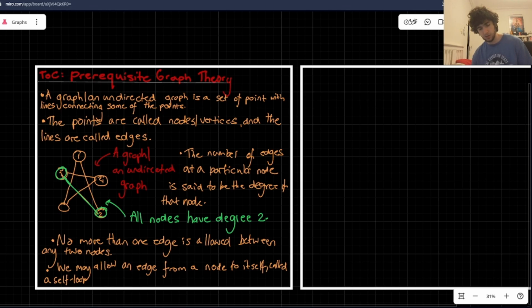I know it's a little bit like a 3, so let me fix that. The 5, and just attaching a loop around it like this. That's a self-loop. So sometimes we allow that edge from a node to itself, and we call that a self-loop. It's basically an edge starting at 5, going around in whatever loop you want, and then ending at 5. And that's fine.